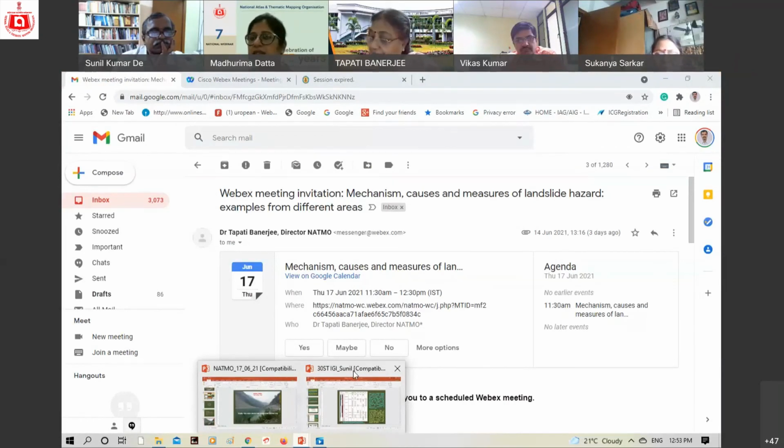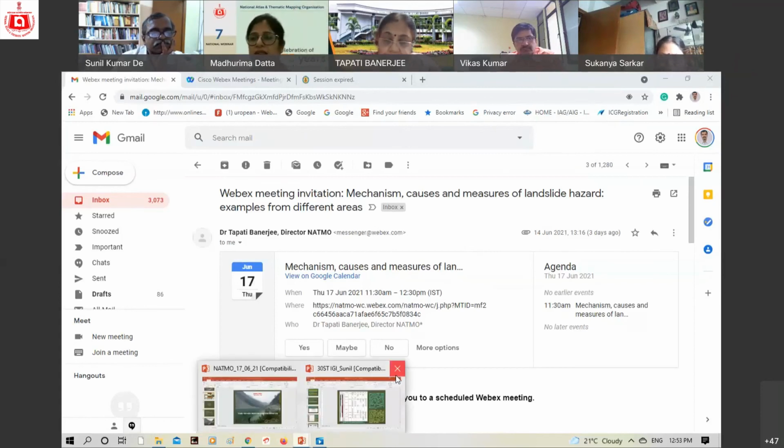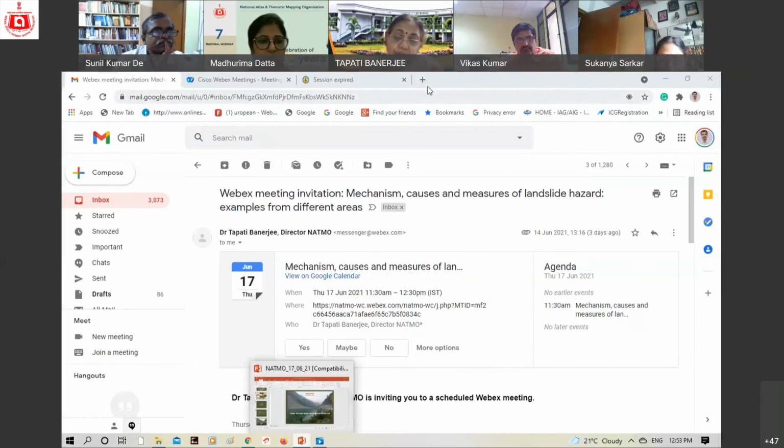Thank you, Madhurima. Really excellent deliberation by Professor De regarding landslides, geomorphology, and other slope aspects while preparing the landslide zonation maps and different other related issues. He has described it in an excellent way.